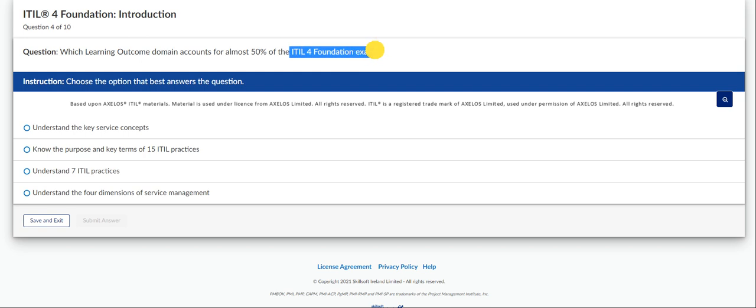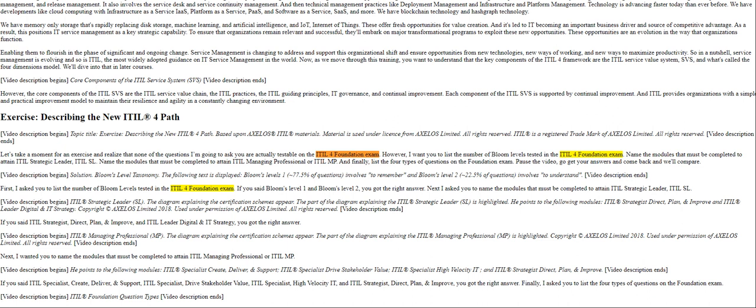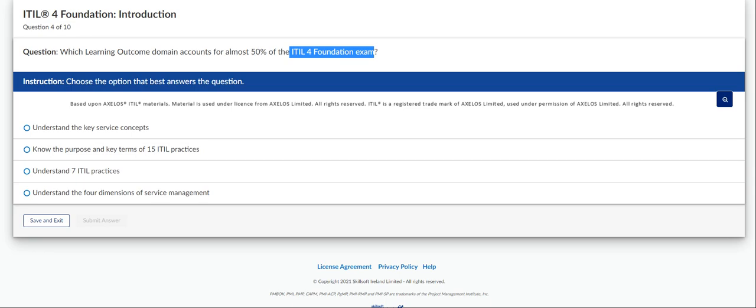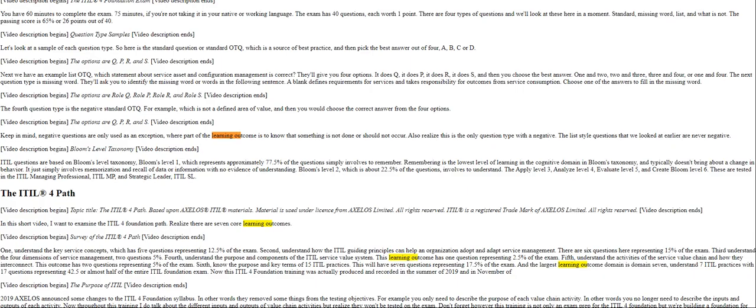Let me use this keyword here. ITIL 4 Foundation. Which learning outcome domain? ITIL Foundation learning outcome. Okay, learning outcome.